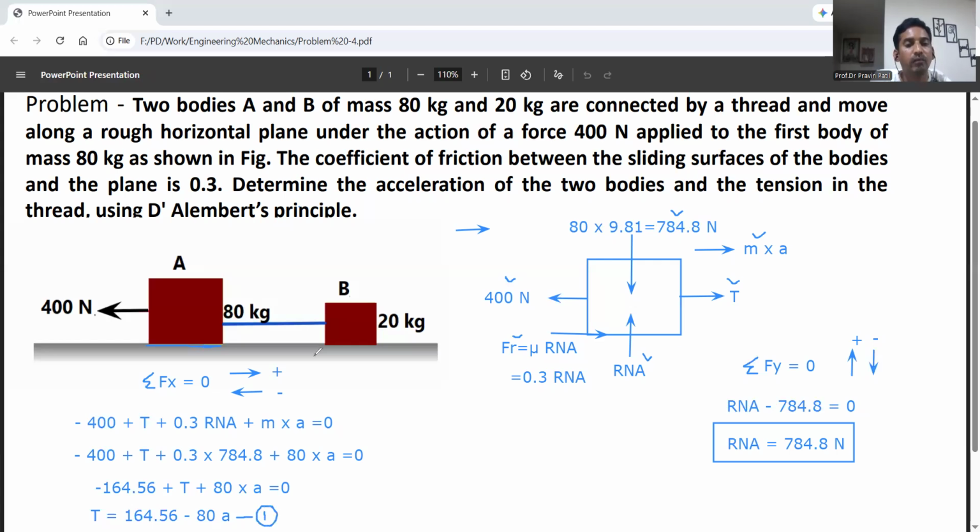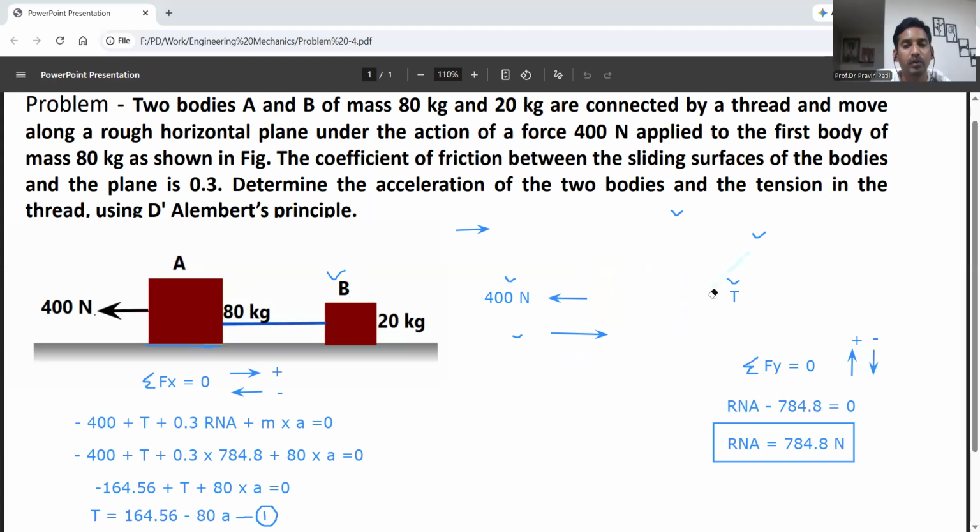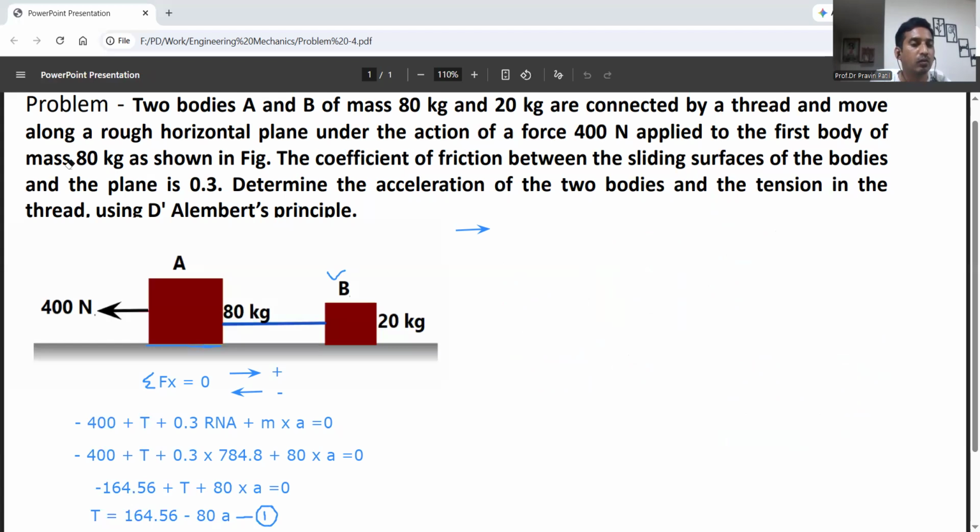Now we have to draw the free body diagram for block B. So block B: the mass of the block is 20 kg, so the weight will be 20 into 9.81, which is 196.2 Newton.